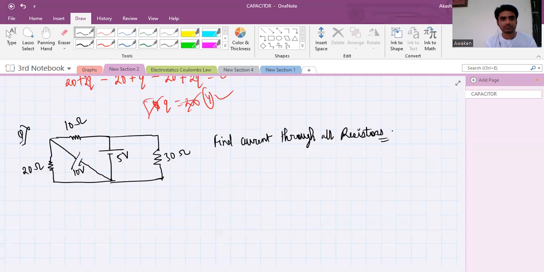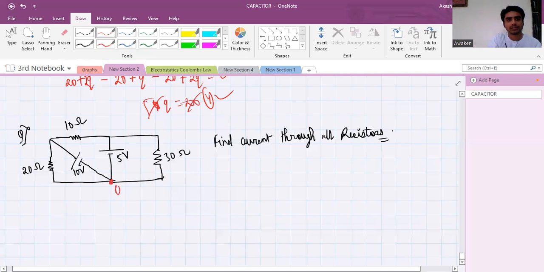So between 20 and 10 ohms, there will be a 10 volt voltage. Let us take 0 here. This will be how much? 10 volts, 10 volts. This will be 5 volts, and this will be 5 volts. What is the current through the 30 ohm resistance?